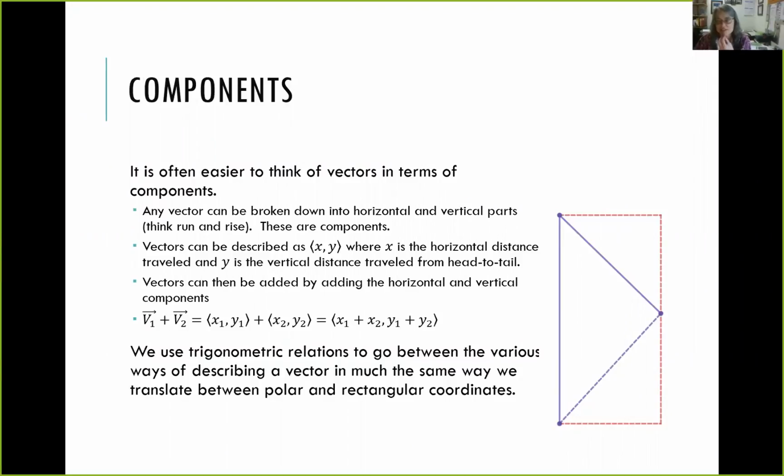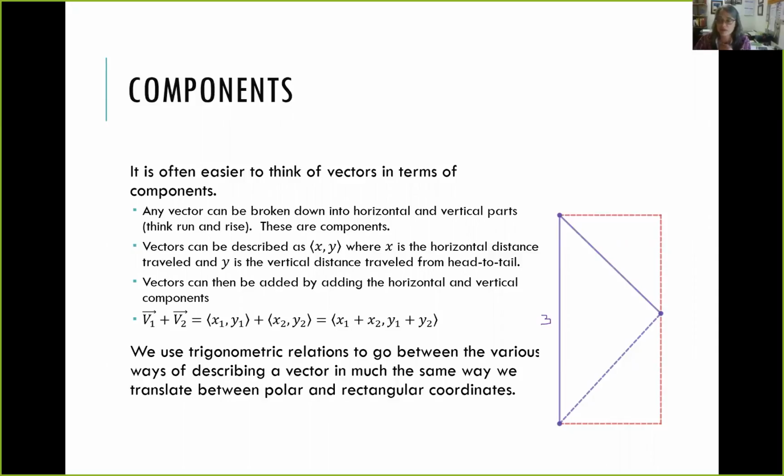It depends on how our vectors are described. So this is that same basic triangle. The other way we can talk about vectors is in terms of components. So this vector here that was 3 miles long due north. We know that this represents a vertical displacement of 3 and a horizontal displacement of 0.